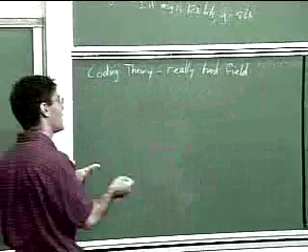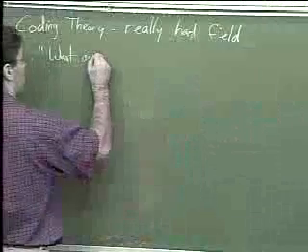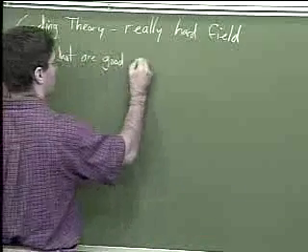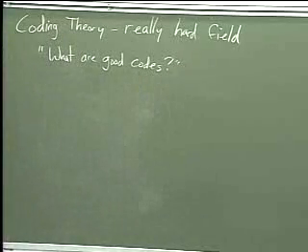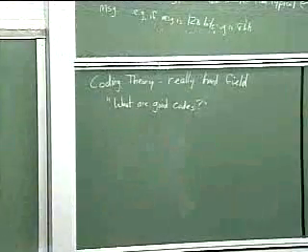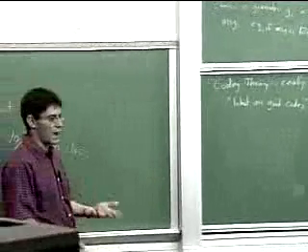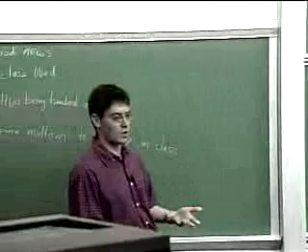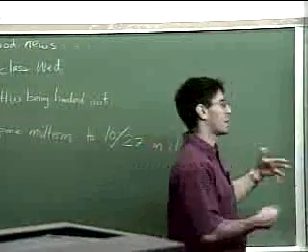And the field is all about asking the question, what are good codes? So codes are not something that's really well understood. I mean, we know good codes. There are some codes that are good, and there are some that are not good, and they have ways of finding some good codes. But there's no, I don't know, it's like number theory.